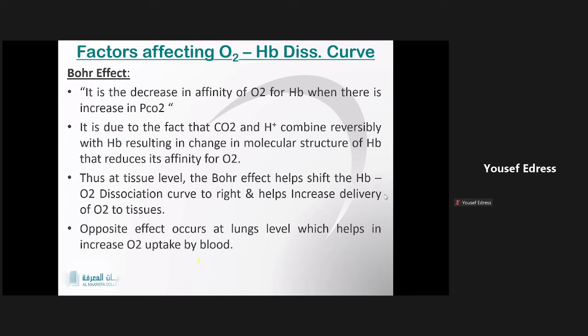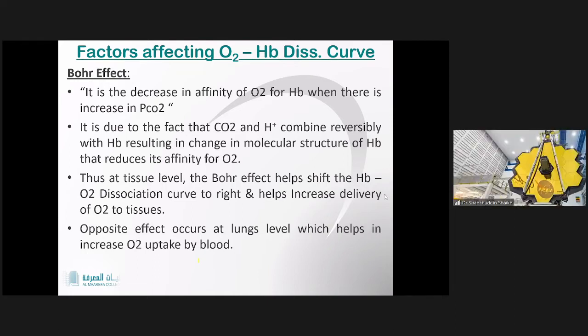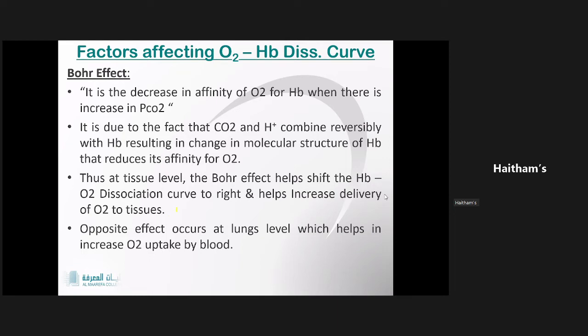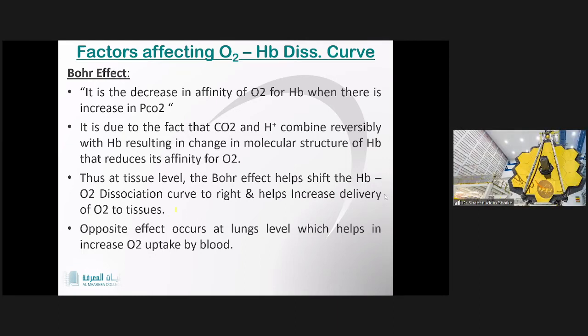Whatever CO2 is doing to oxygen binding to hemoglobin is called the Bohr effect. And whatever plasma oxygen is doing to CO2 binding to hemoglobin is the Haldane effect. If you have taken a picture of that board, please use that. That is more important. So remember Bohr effect and Haldane effect.